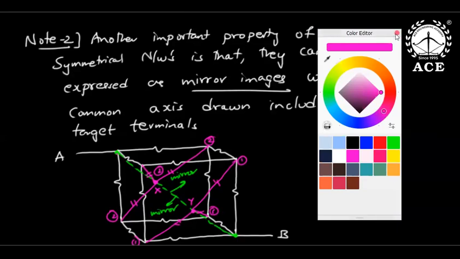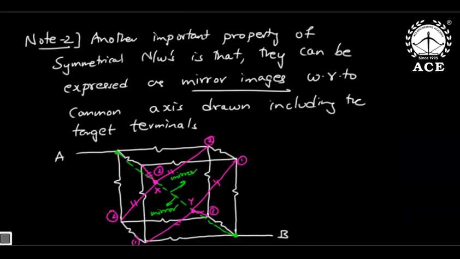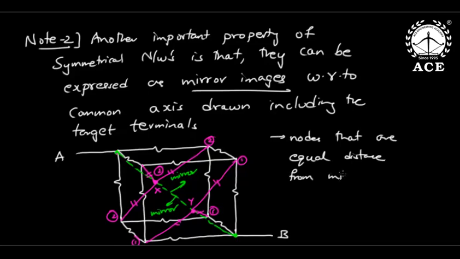The points, or the nodes, that are at equal distance from the mirror image axis are at the same potential, at the same voltage.